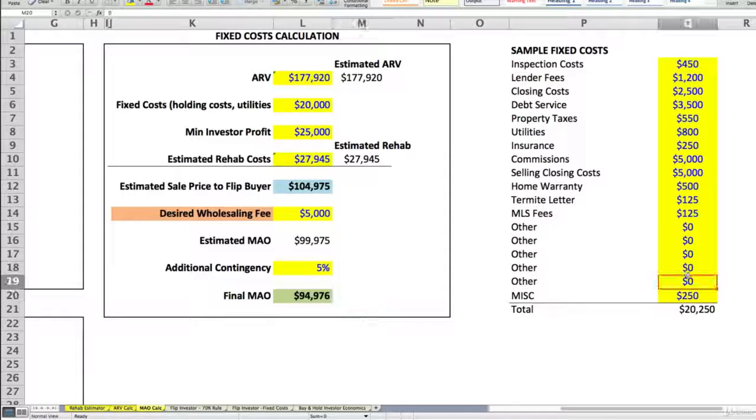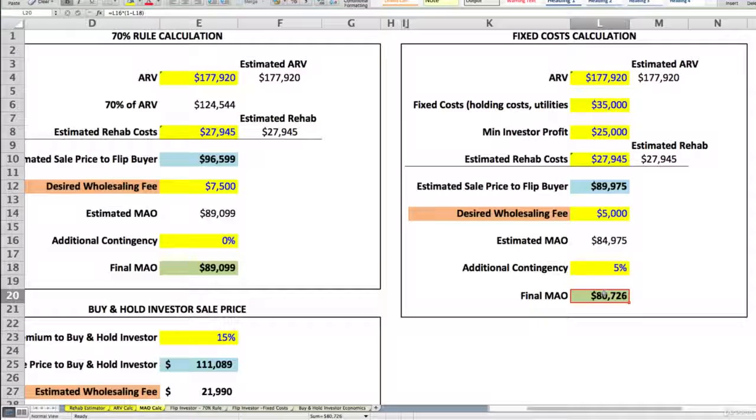Say there's some kind of special cost that raises the cost by a lot, so it's 35,000. Then if we change that, it might help you calculate an MAO that's lower than what you'd get from the 70% rule.